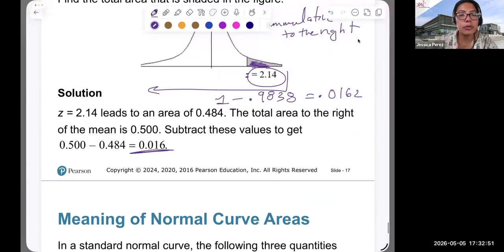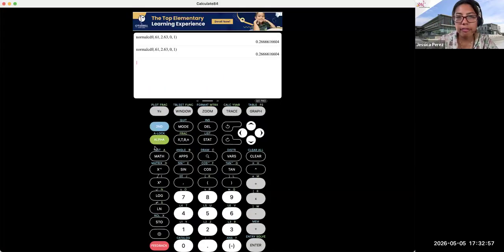Now, we can also use our calculator, but that one is going to look a little bit different. So if I want to use my calculator and find approximately the same value, I'm going to go to second VARS, normal CDF. Now my lower bound is actually 2.14. My upper bound is a very large number, so 9 repeated six times, because it goes on forever.